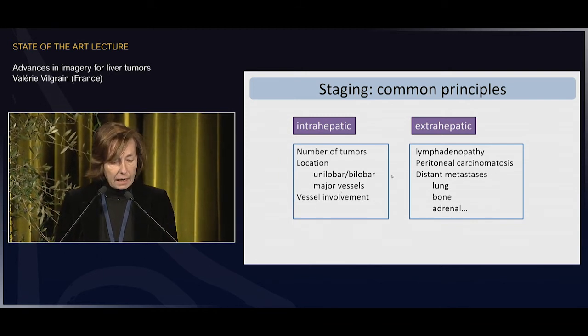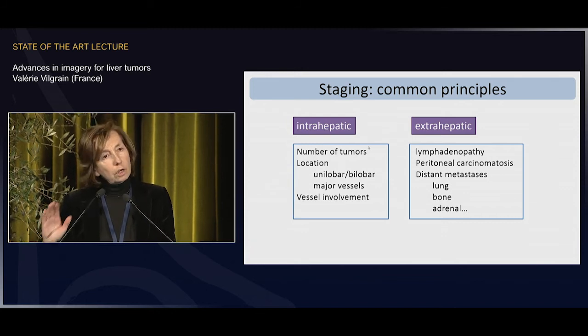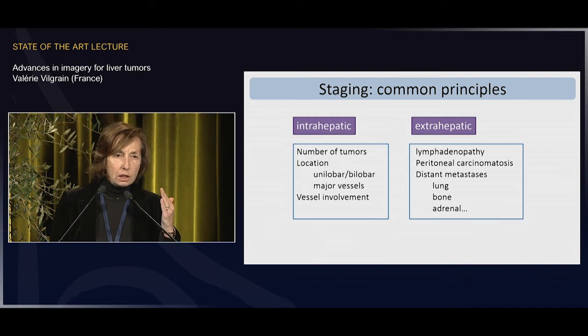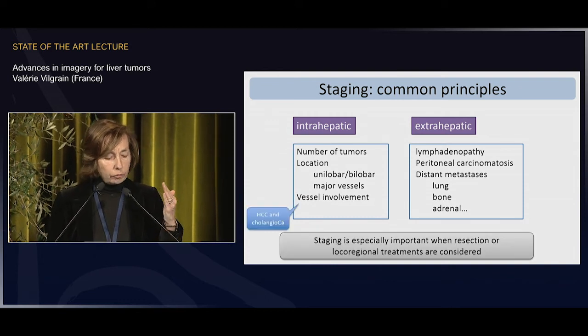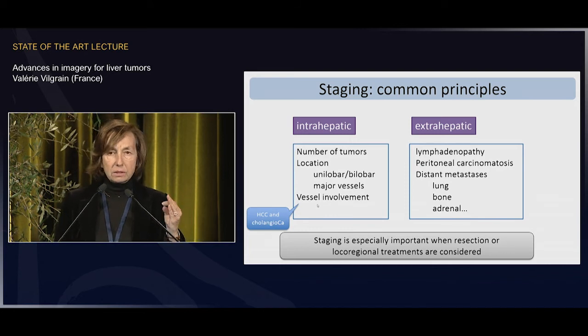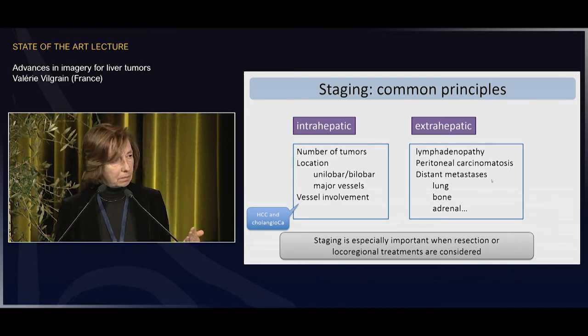Here, indeed, we should not consider in the same way if we deal with HCC or if we deal with liver metastasis. Vessel involvement is very important for HCC and cholangiocarcinoma. For extrahepatic, very classical, we will look for nodes, peritoneal carcinomatosis and distant metastasis.